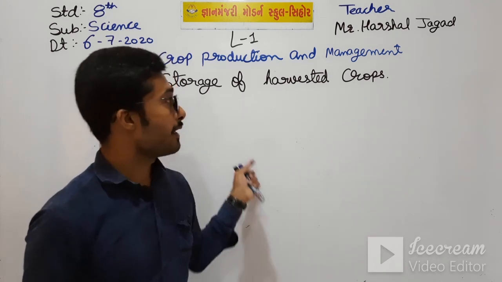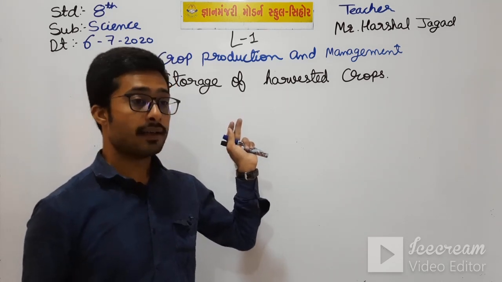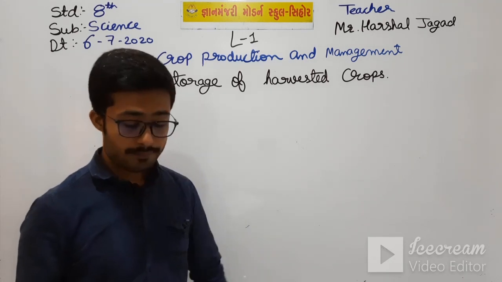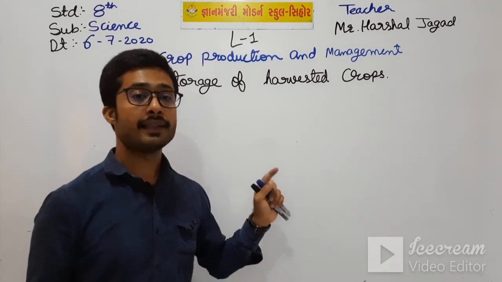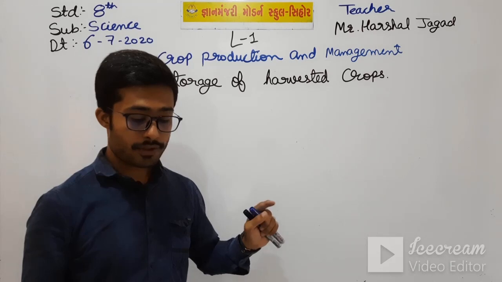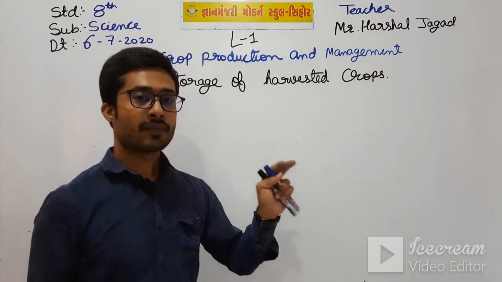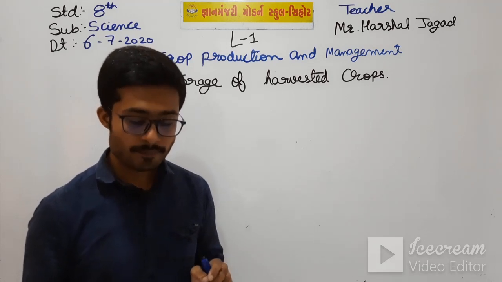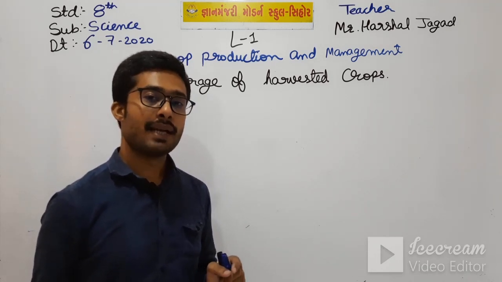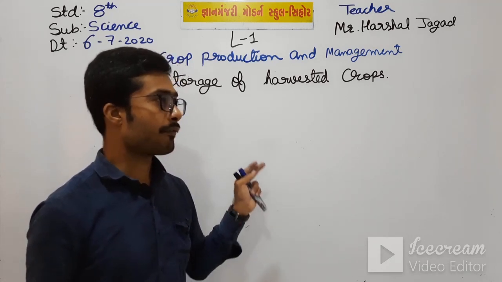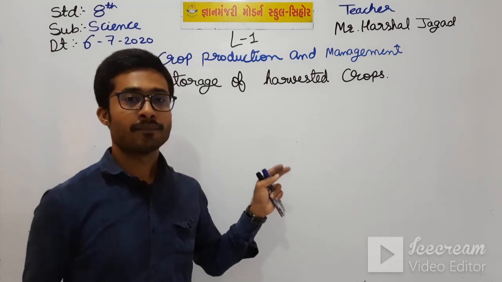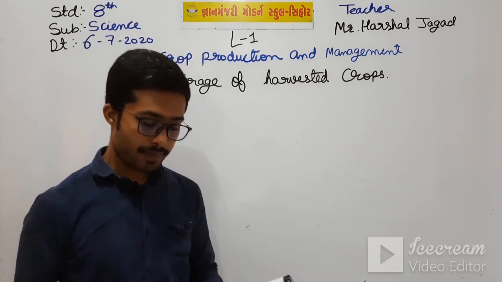Means when the grains are removed from the crops, first of all they are put in the sun, so the moisture in it is removed, and then it is weighed and stored in the bags. We all know that bags of grains come like 50 kg, 25 kg. They weigh and put in the bag.